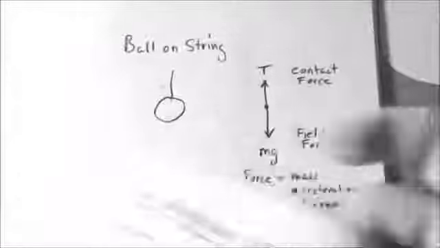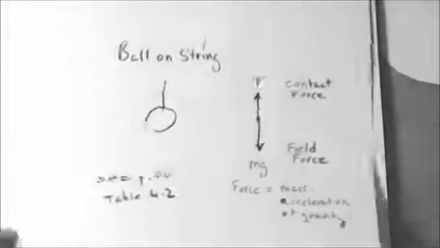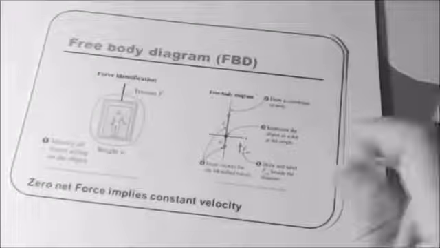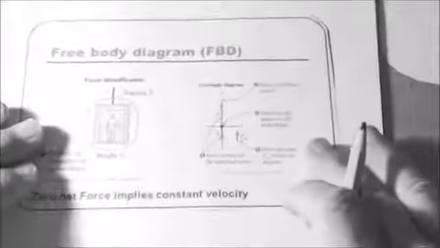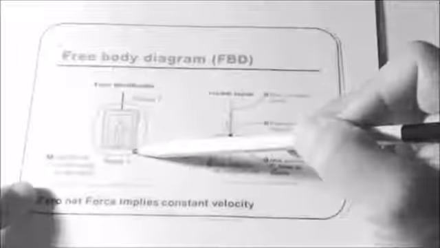I found this on the internet, and I hope that you can read this. I just Googled free body diagrams on Google Images, and maybe you can't see this too well, but this is helpful. Like we did, you draw a circle around the object in question, and you try to identify all the forces on the object.